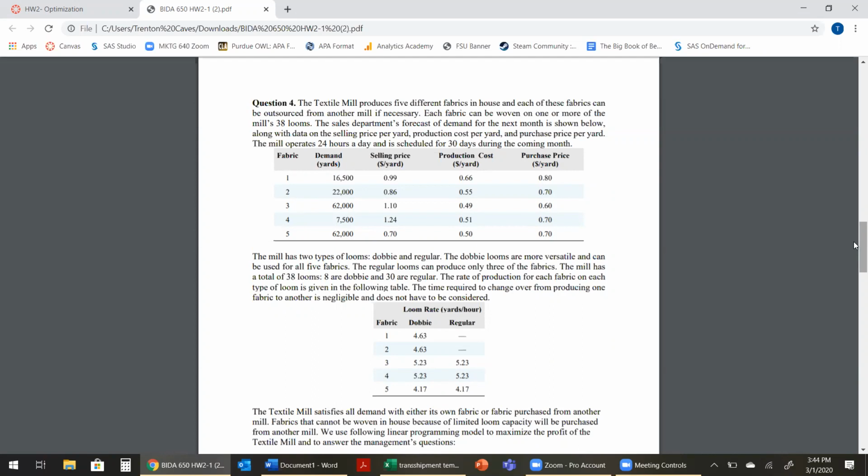The products can be produced on either of the 2 looms or can be purchased. And what the plant can't produce, it will have to purchase. But they're also trying to maximize the profit.